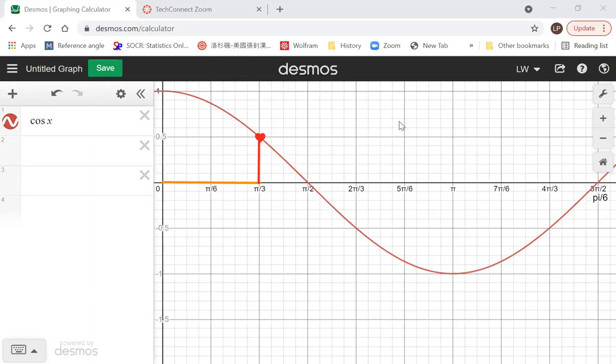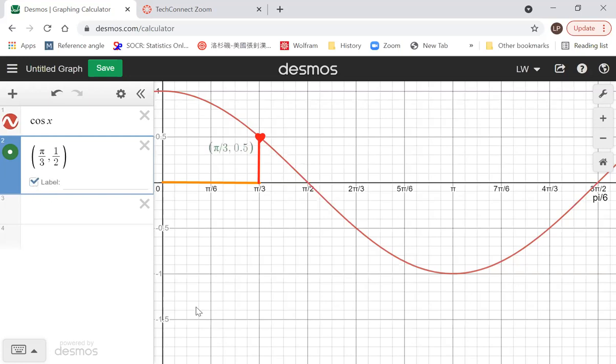So this point, you mark it as input, output. Now I can actually use the software to mark it. Pi over 3, half. It will mark it for me, but it doesn't have the color tone. Do you see that?